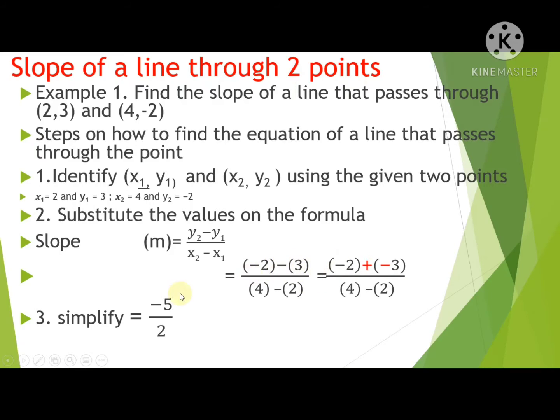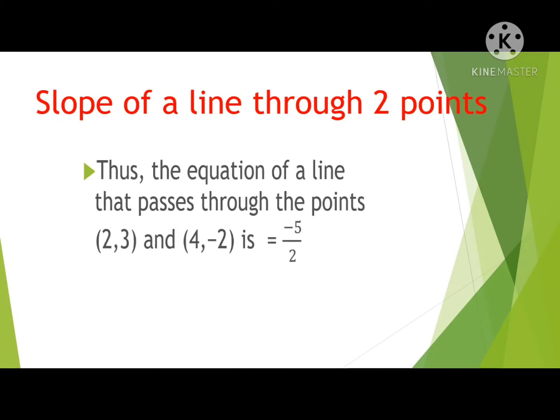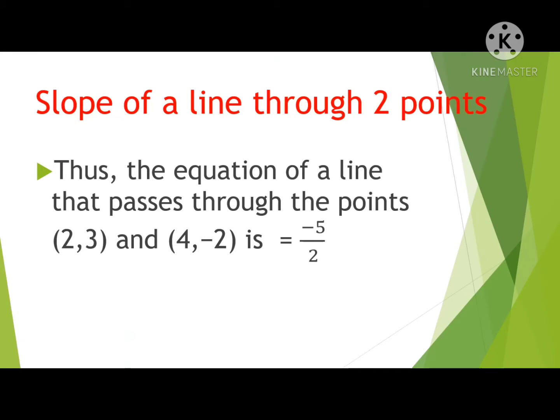Negative 2 minus 3 is negative 5 all over 2. Thus, the slope of a line that passes through the points (2, 3) and (4, negative 2) is equal to negative 5 over 2.